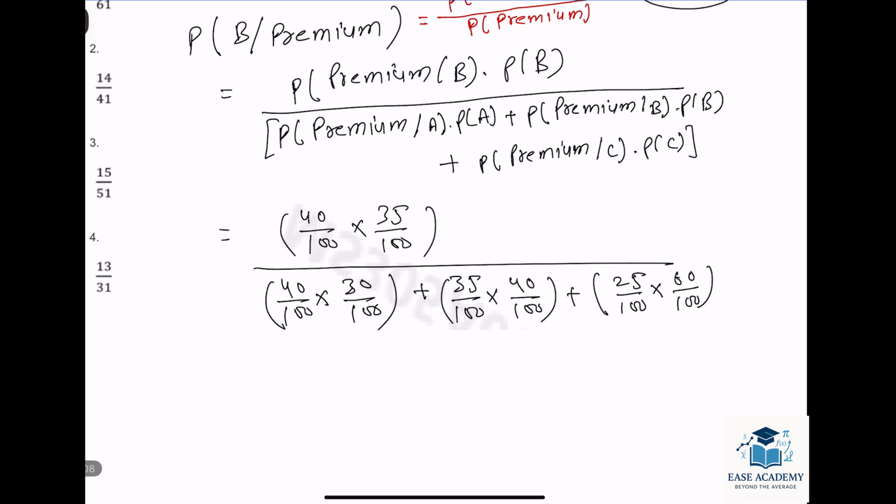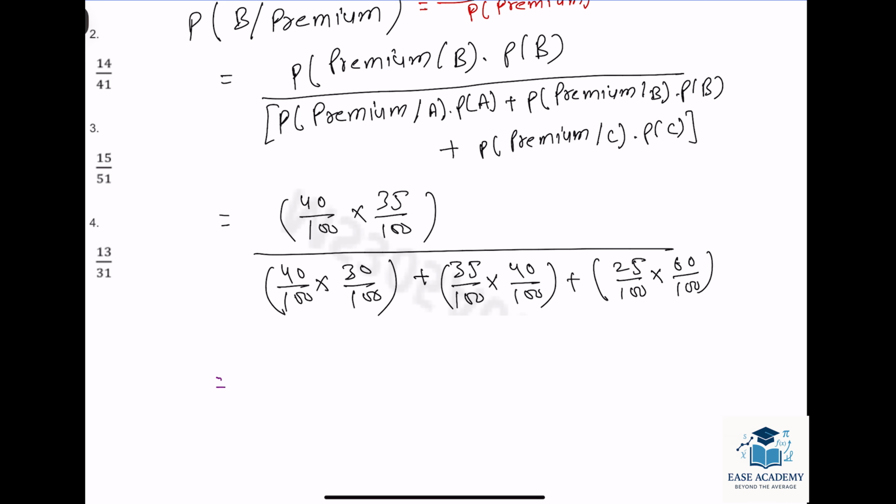I'm just doing some algebra, so this I can cancel out. This will become 2, 5. 5 sevens are 35. So this becomes 14 by 100, or moreover I can cut it, 2 by 50. This remains 7 by 50.